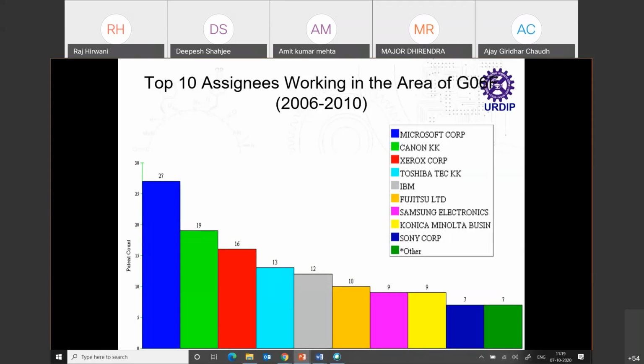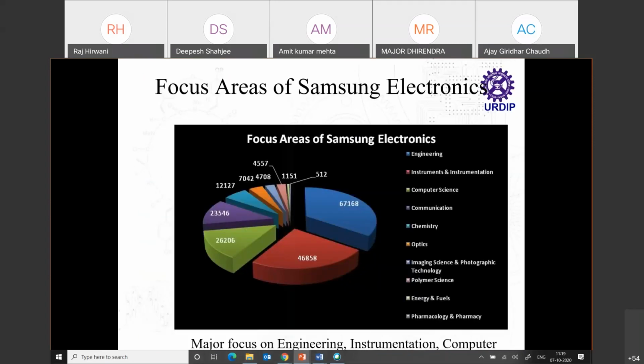Look at Samsung. Samsung also has that red, blue, and green, 3 major areas, and then there are instrumentation, computer, and so on. Now, this is important.